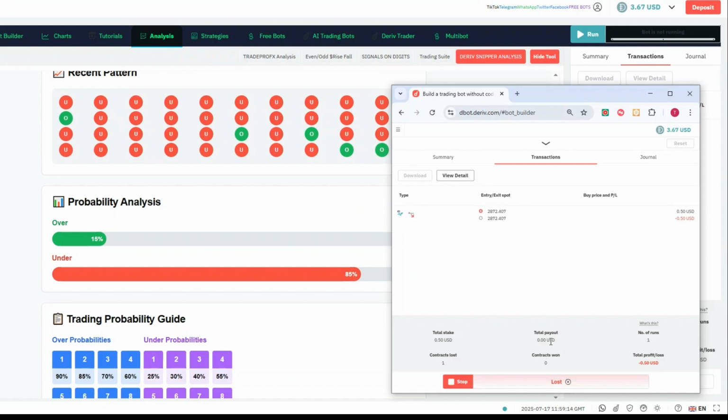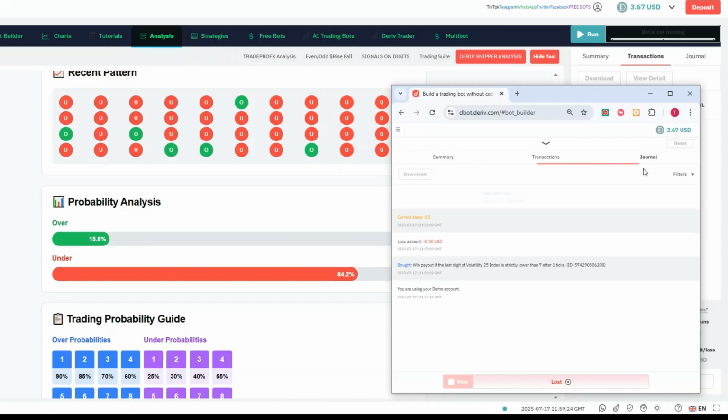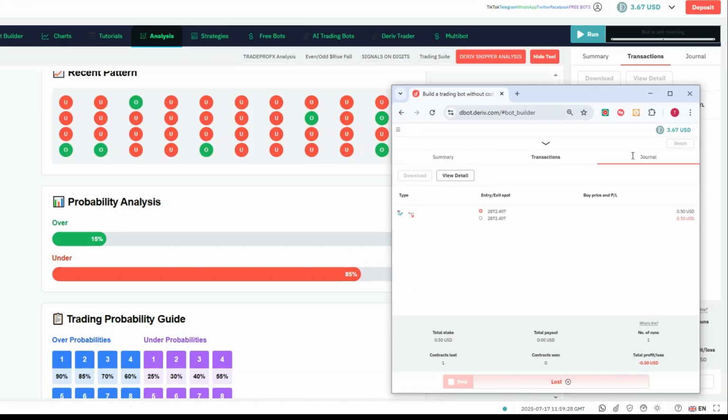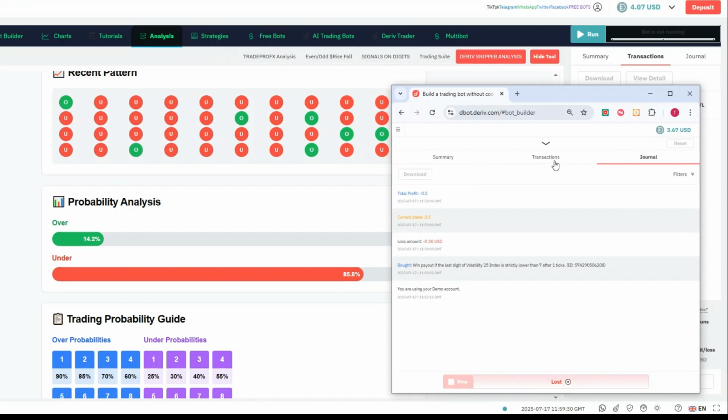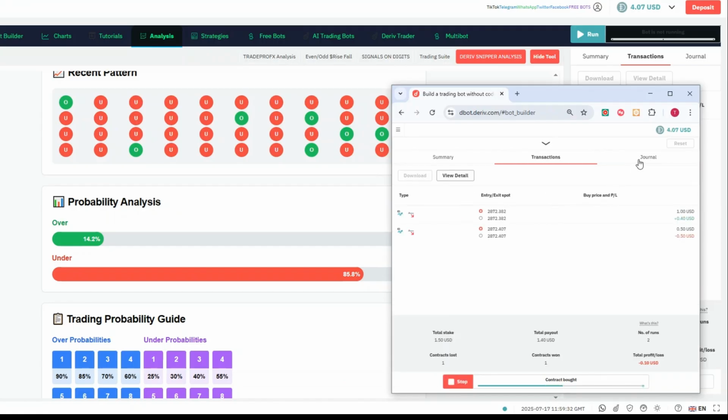So let's wait for a recovery. So under, let's wait. It is not happening. You can see it's not picking any trades. Okay, it has taken a trade. Okay, let's proceed.